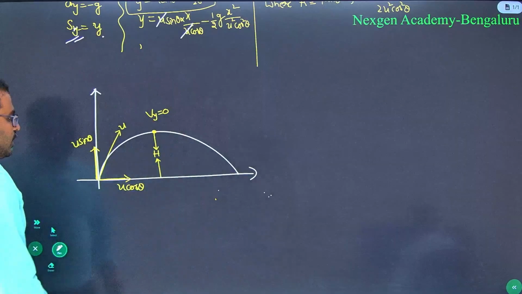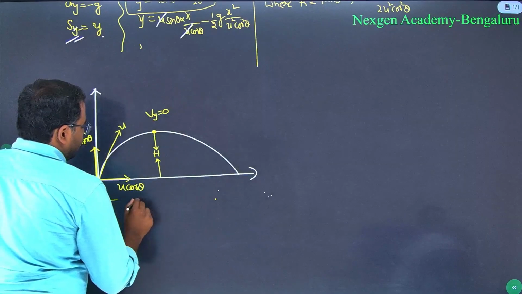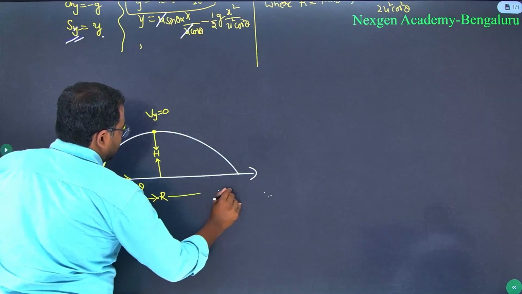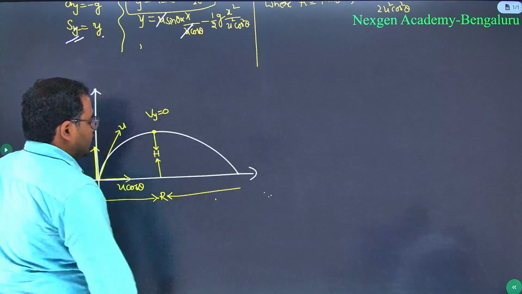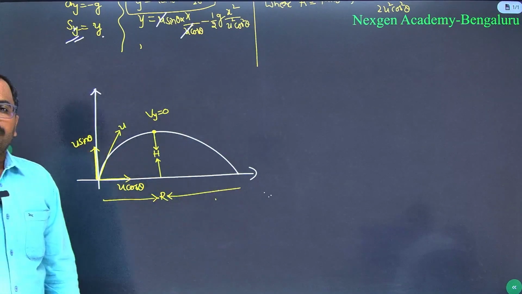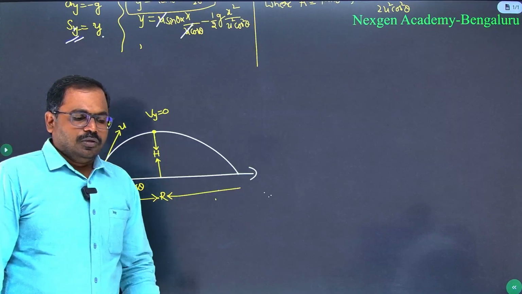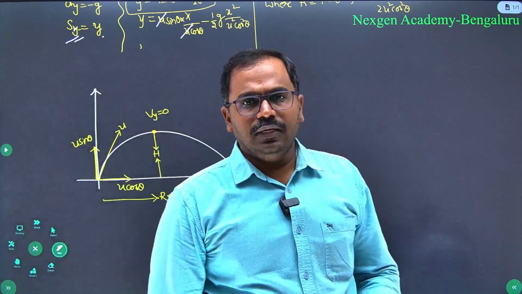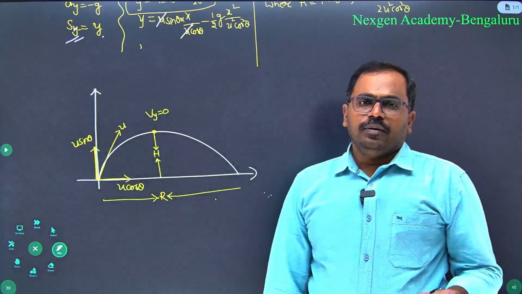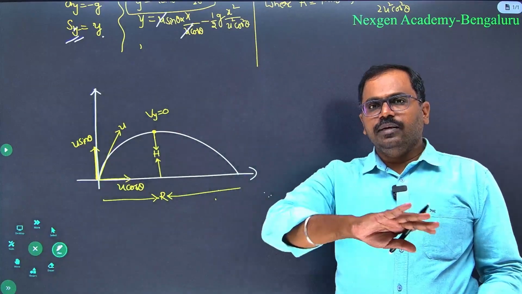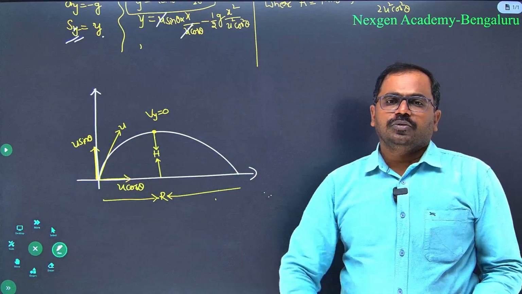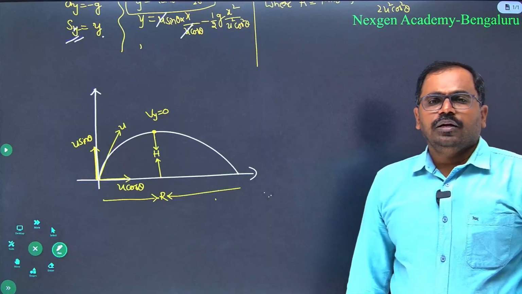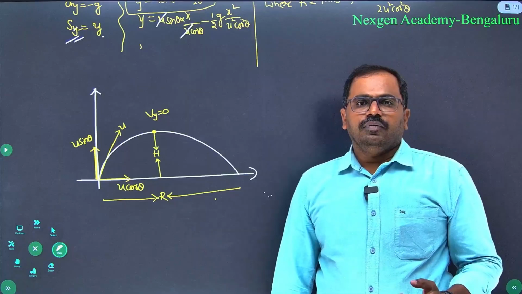The horizontal distance traveled by the projectile before striking the ground is called the horizontal range. The total time in which the body is flying is called the time of flight. On all these factors, usually we will get questions.